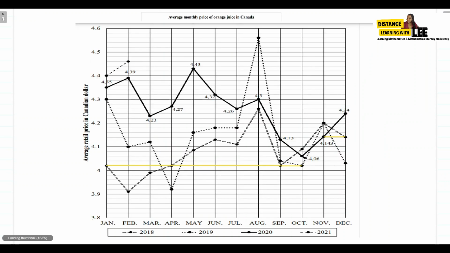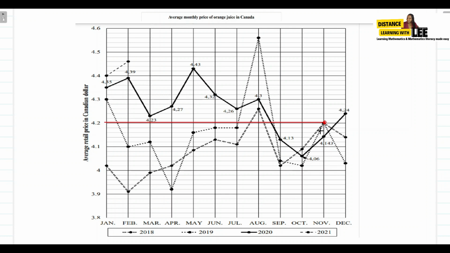But if you gave your answers where you just focused on where the orange juice price was the same, you'll get half marks. Like I mentioned, we need to focus on where there's an intersection in the month and the year in which the orange juice price was the same. I'm going to highlight it. At that point there's an intersection of two graphs.